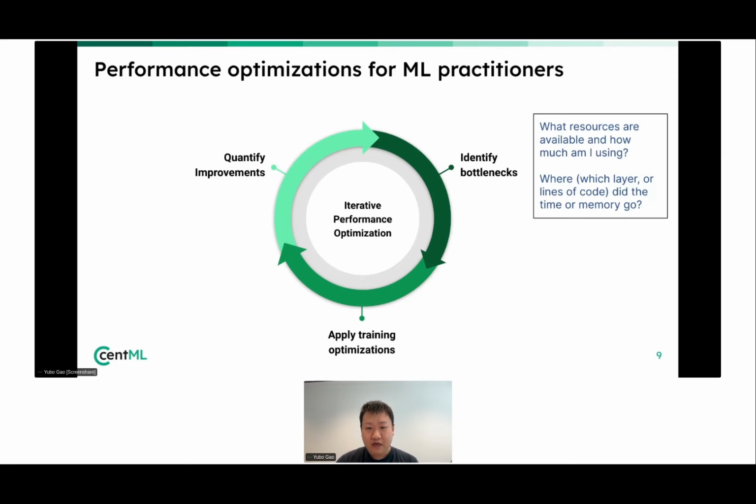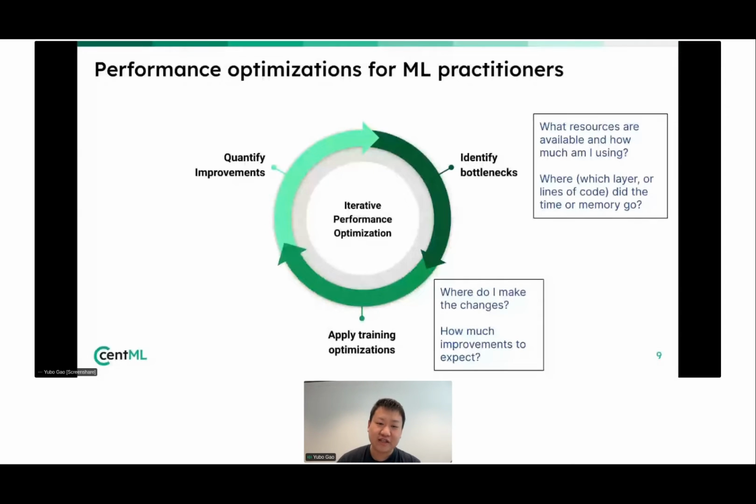Identifying bottlenecks usually involves looking at which resources are using these kinds of resources. Applying optimizations typically means deciding where you should make the change and how much of an improvement you can expect. And finally, you will want to look at how much improvement you get by applying these.